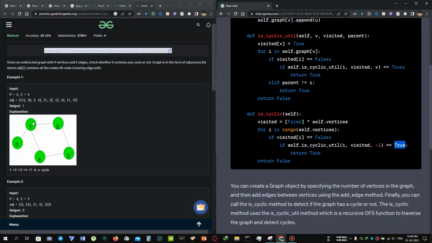I think it will be 2 because 2 is smaller, so we will go to 2, and then from 2 we go to 1 and 3. 1 is the parent, so we won't be going there. We'll go to 3, then 3 to 4 and 4 to 1, and here we have already visited 1, so it will return true. Something like that happens.